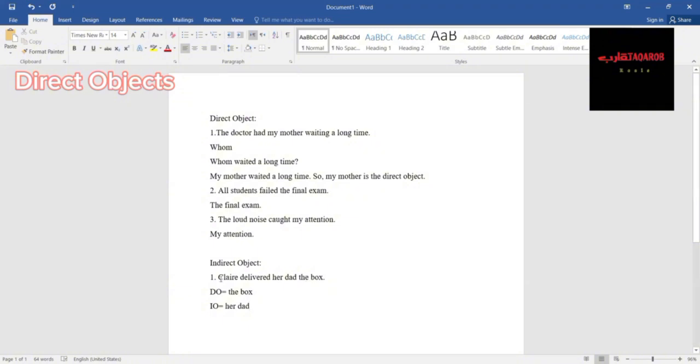But we can't say Claire delivered a box. So that's why the box is the direct object and the indirect object here is her dad. And always ask that question: to whom? To what? Based on the context, of course.